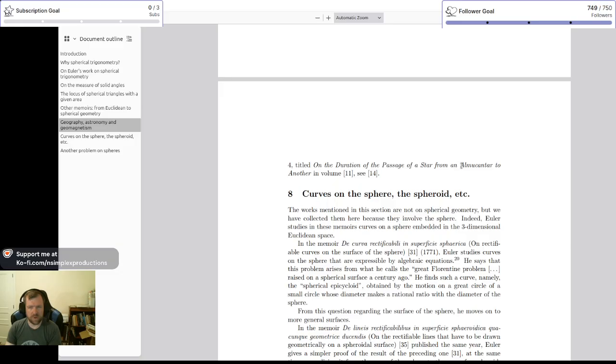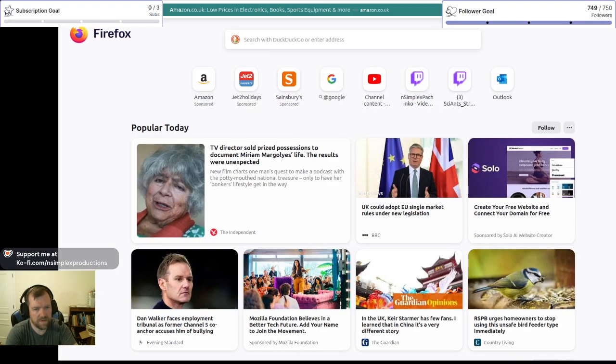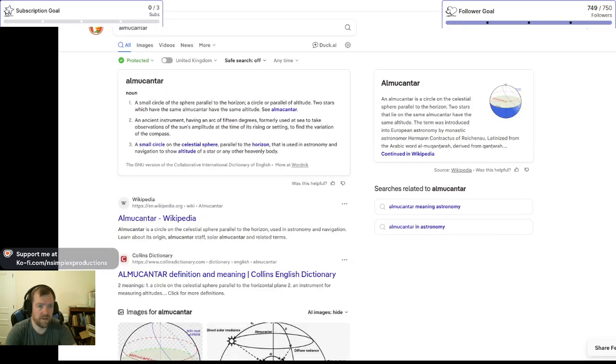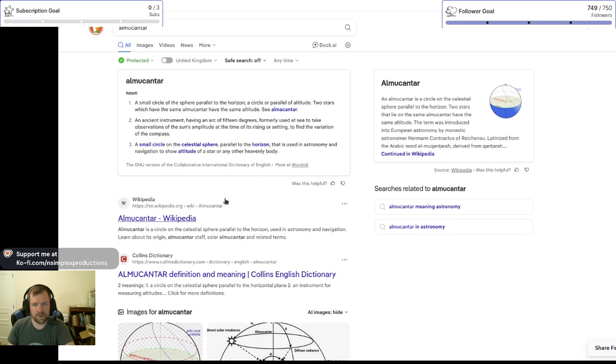Okay, so Almucantar must be one of the Arabic words that was borrowed into stellar cartography, essentially. We're going to look that one up. Nope. Okay, it probably is origin.